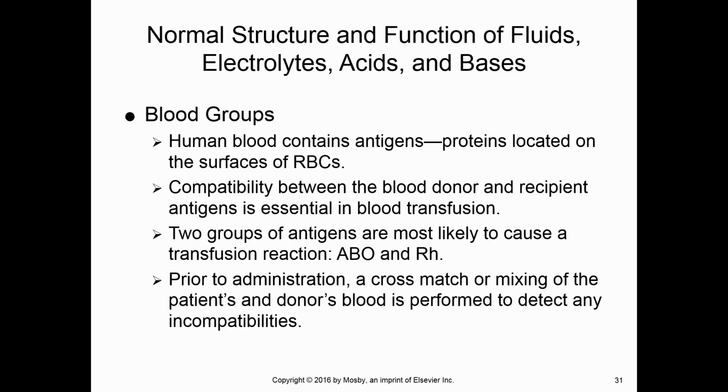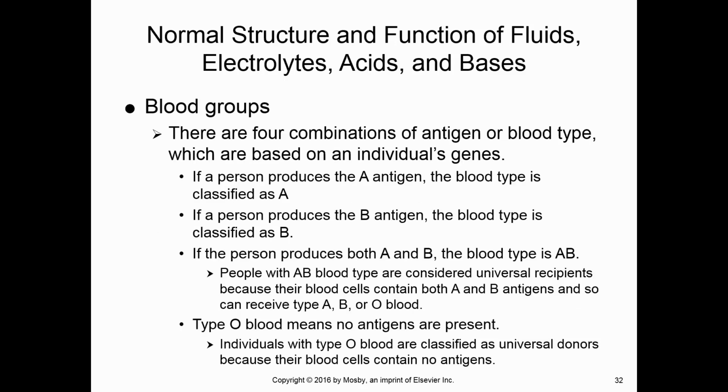When it comes to blood transfusions, we need to match the patient with the donor blood to make sure that they're the same, and then they mix those and make sure that there's no reaction in the lab, and then they're able to give that blood to the patient. So here we are again. The A antigen is type A, and so forth.